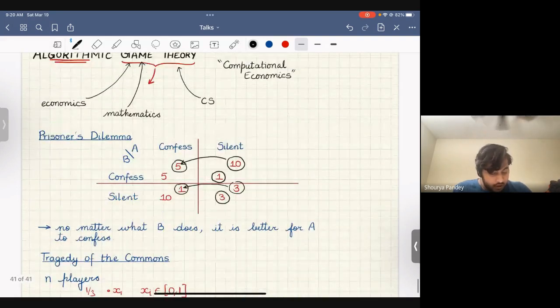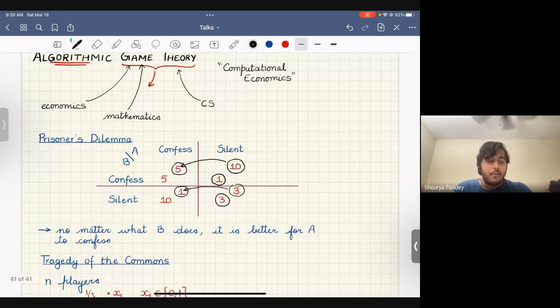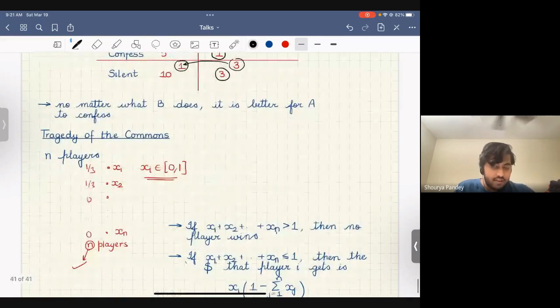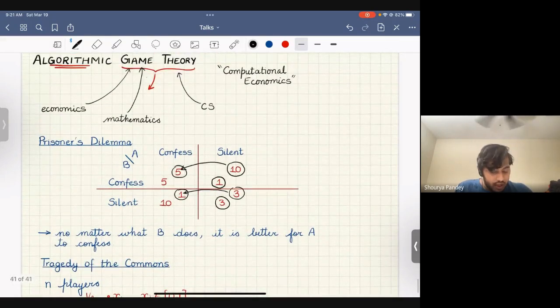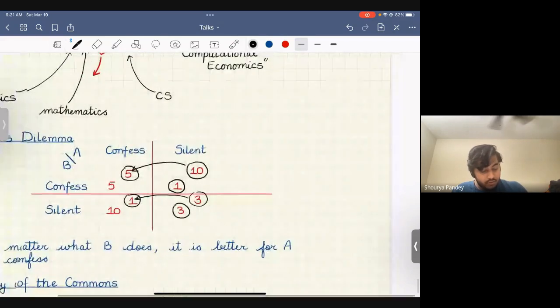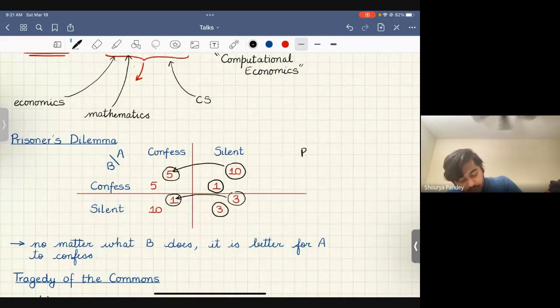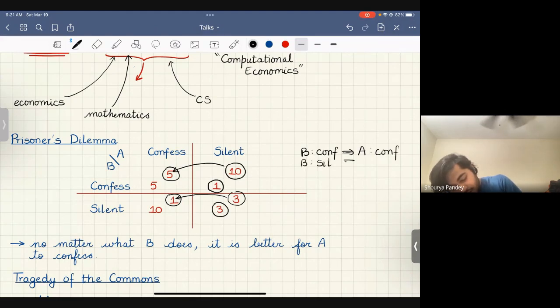Unlike in the prisoner's dilemma, where we had binary variables, here we have a range of variables. But even there, if B confesses, A's best strategy is to confess, and if B is silent, A's best strategy is still to confess.